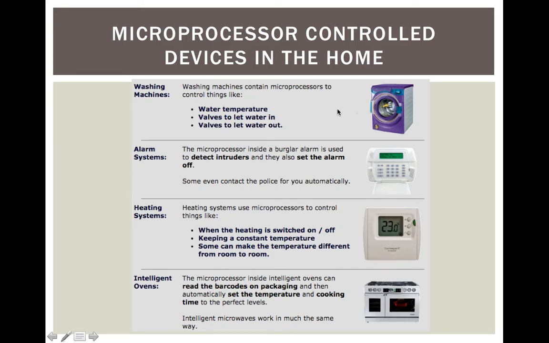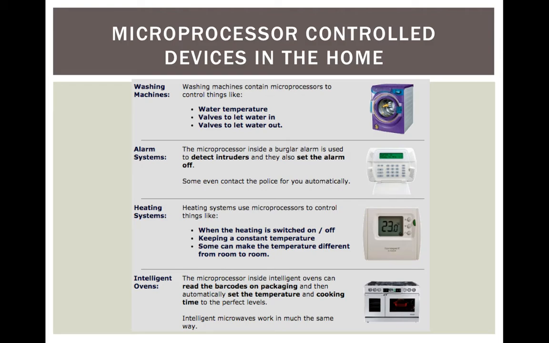Telling the washing machine whether it's cotton or silk or nylon or whatever else is being used will impact the washing machine's ability to control things, or are you having to manually set all of your temperatures and so forth? That's not a smart machine.